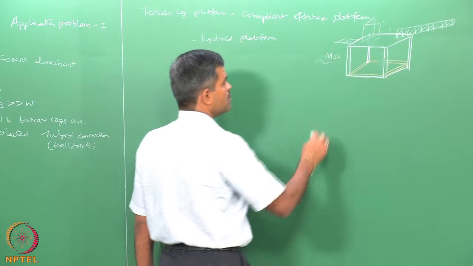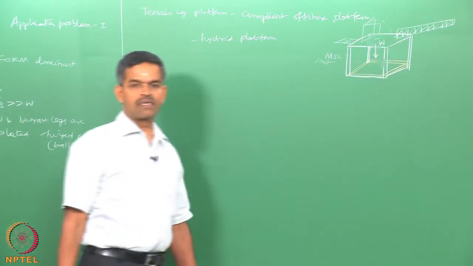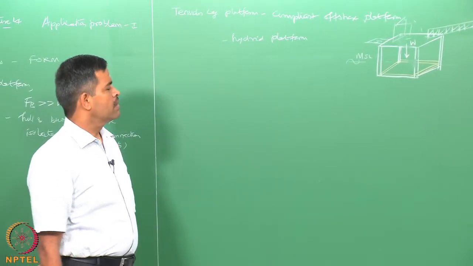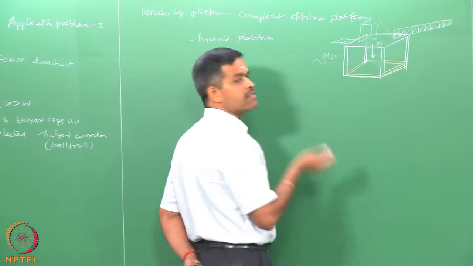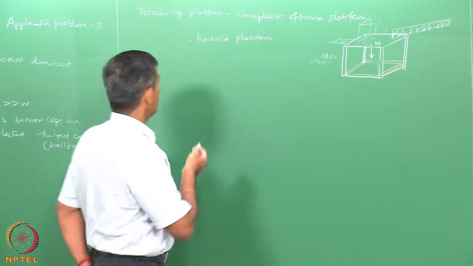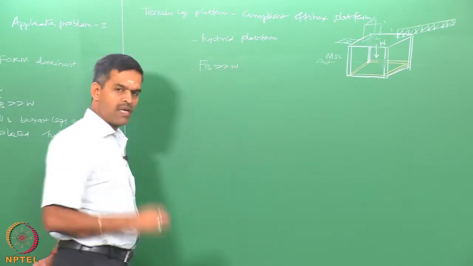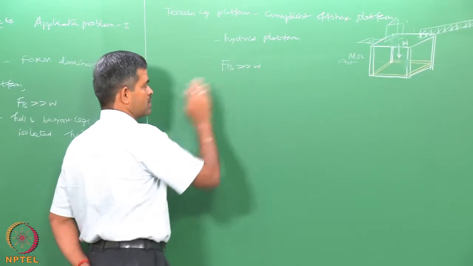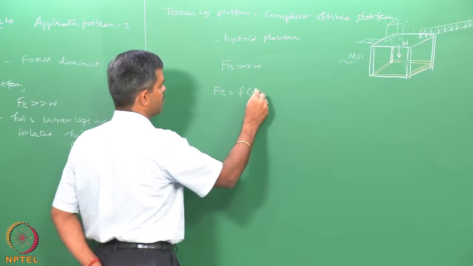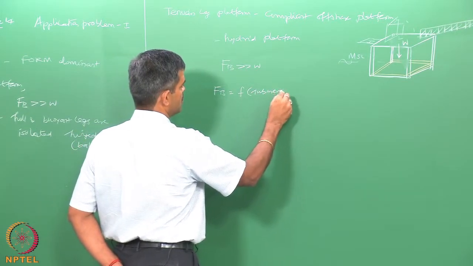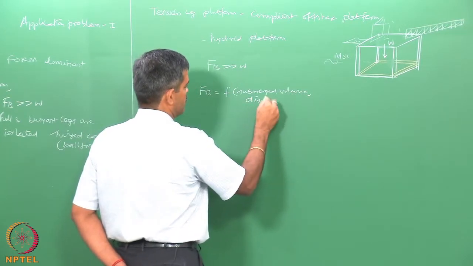So, now the system has a mass, which is acting downward, therefore, the weight, which will be balanced by, of course, the buoyancy force. Now, we already said in the design, buoyancy force exceeds the weight of the platform by a large amount. That is an advantage of this. We all know that buoyancy force is a function of submerged volume, or you can say displaced volume.